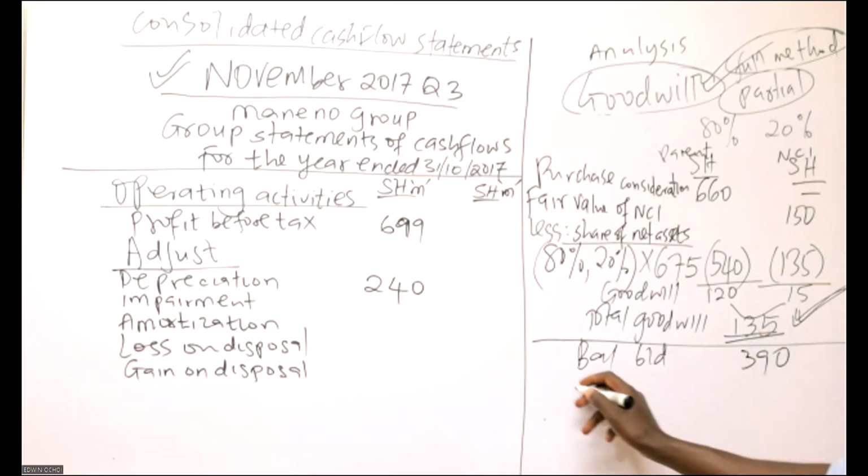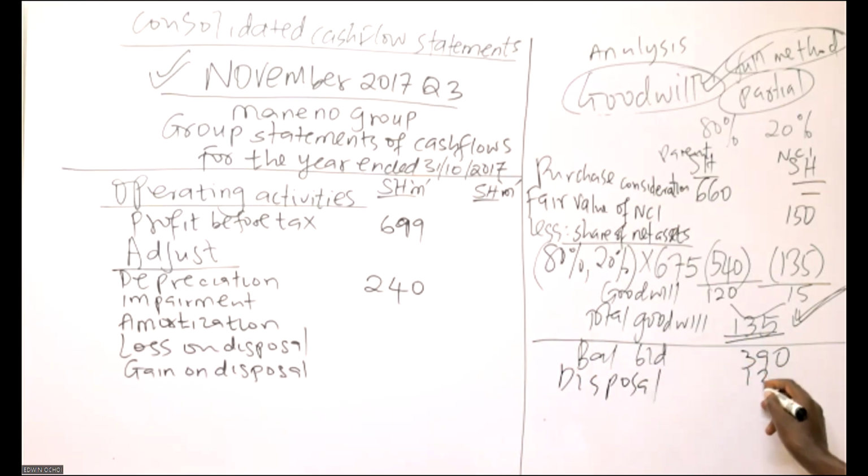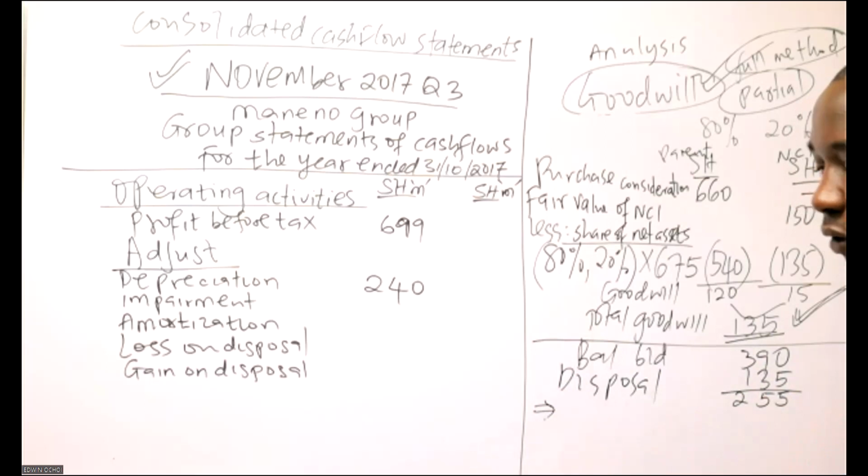So now I minus the disposal, the goodwill on the subsidiary which was disposed, the 135. So up to this point I have 8, 5, 2. I will skip one line here for your balancing figure, then write balance carried down as at 2017. So you can see the balance carried down is 255.